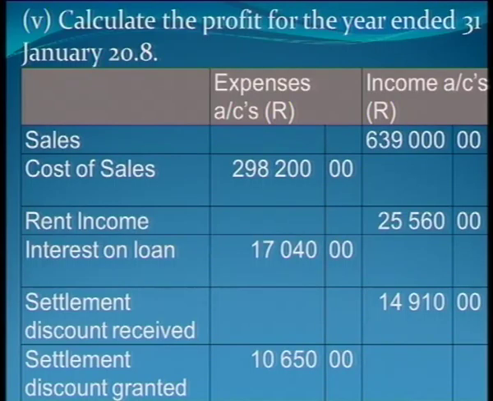Then you have your rent income, which is 52,560. Then you have your interest on loan, 7,040. Settlement discount received, which is an income of 14,910. Your settlement discount granted, 10,650.